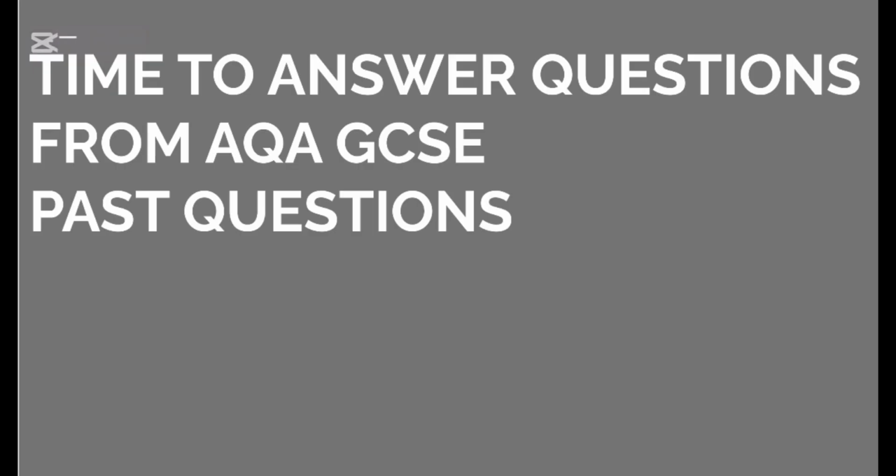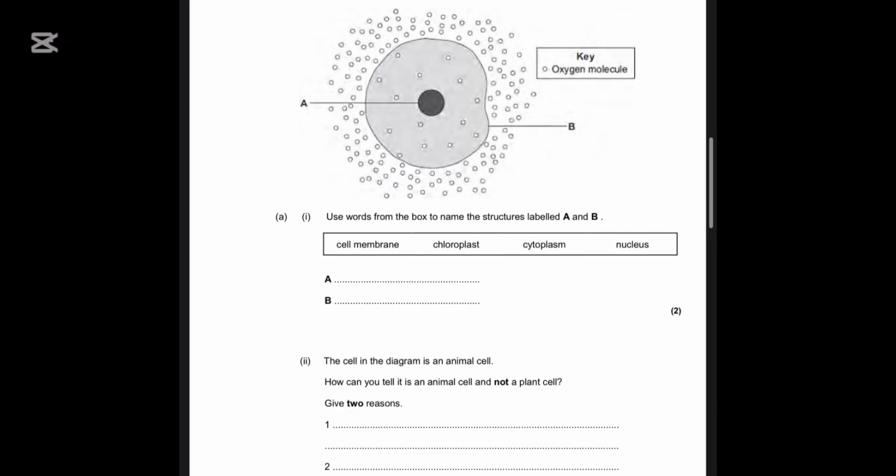The first question on our list says, use the words from the box to name the structures labeled A and B. The options are cell membrane, chloroplast, cytoplasm, and nucleus. A represents the nucleus and B represents the cell membrane. Question 2 says the cell in the diagram is an animal cell.